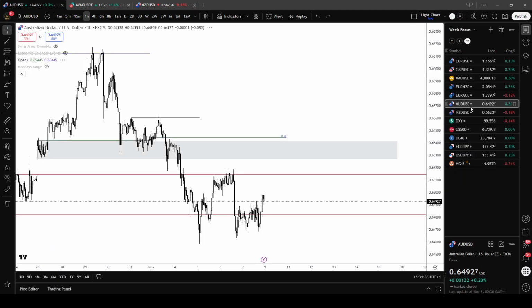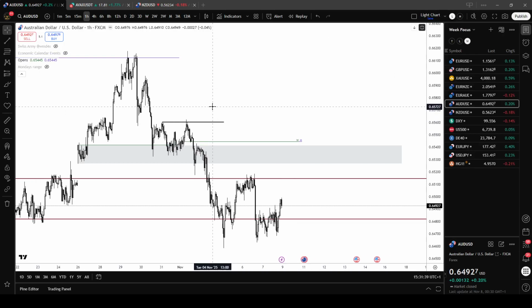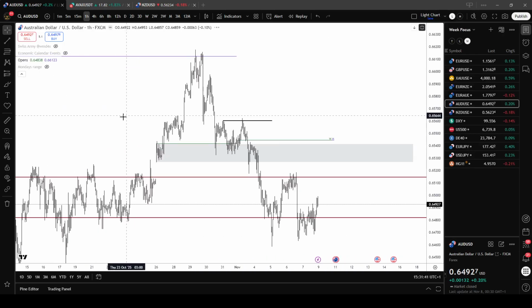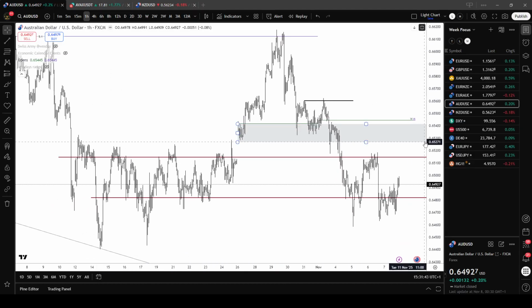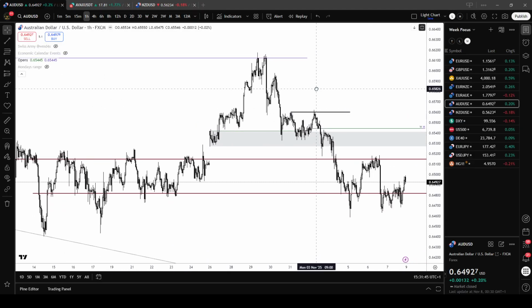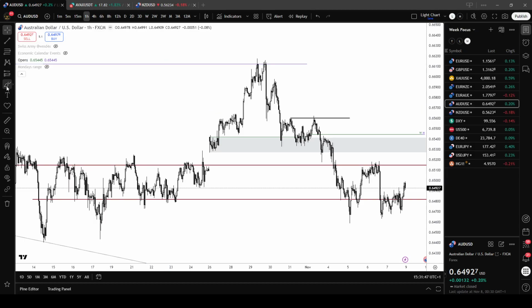Now let's move on to AUDUSD. Again, I mentioned my concern that price was going to fill this gap, and it did. And the real question was not if it was going to fill the gap, which was obvious for me, but what it's going to do once it does that.